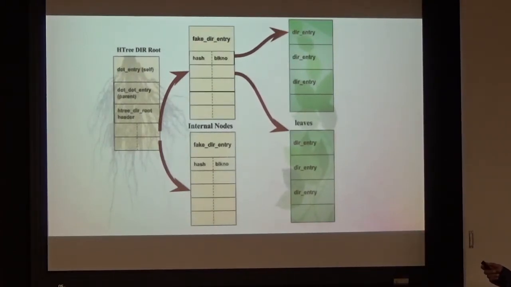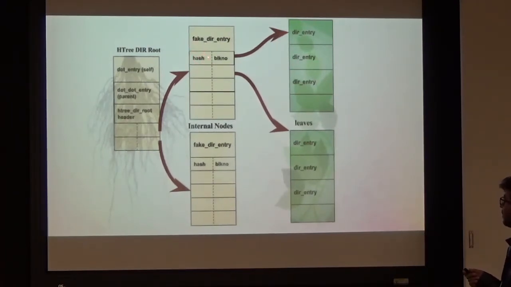So for getting any file for ls, we need to traverse this tree, and at every step we'll first calculate the hash value. We'll compare the required hash value with the current node hash value.